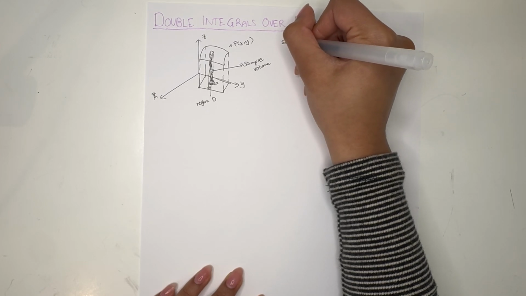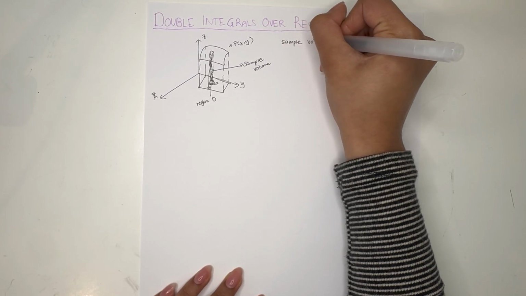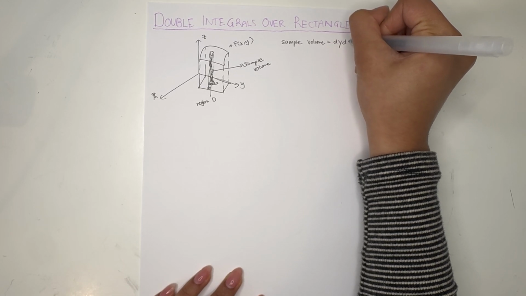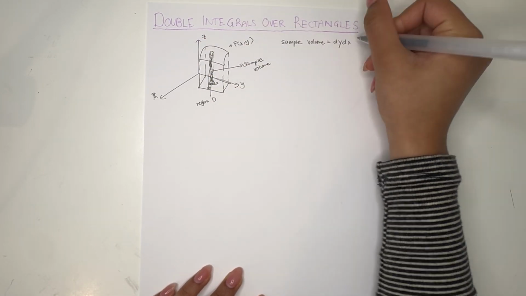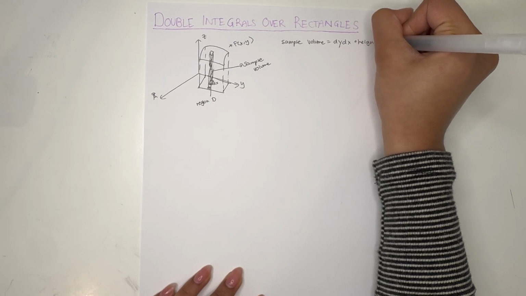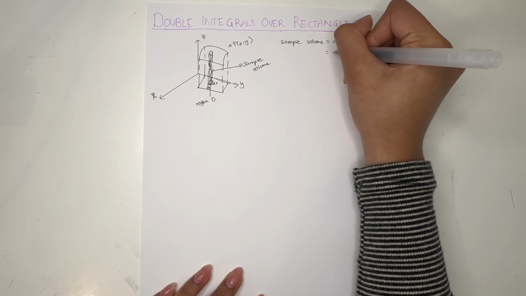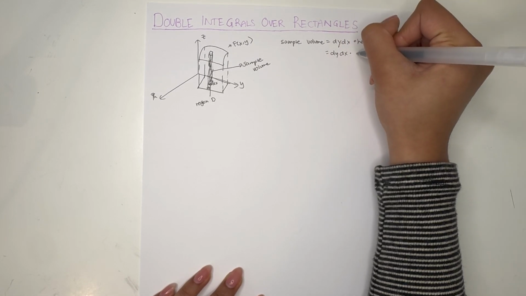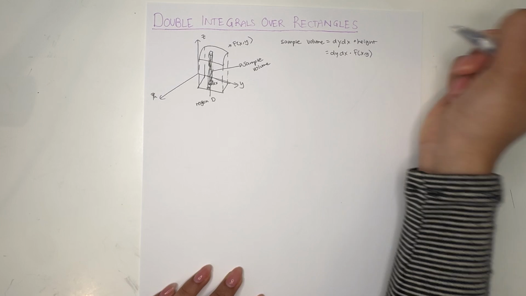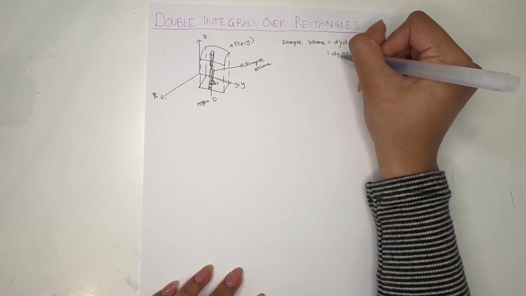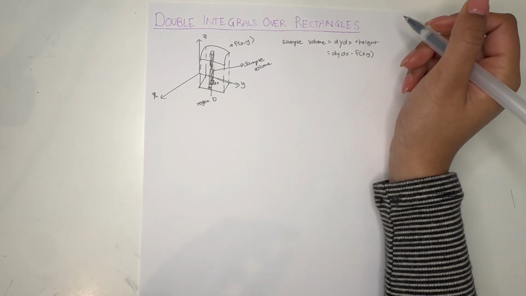So the sample volume is going to be dy dx, which is the area of this, times the height. And in this case, the height is f(x,y). So we have the sample volume as f(x,y) dy dx. Okay, and it makes sense that you can interchange dx and dy. It's not going to really change anything.